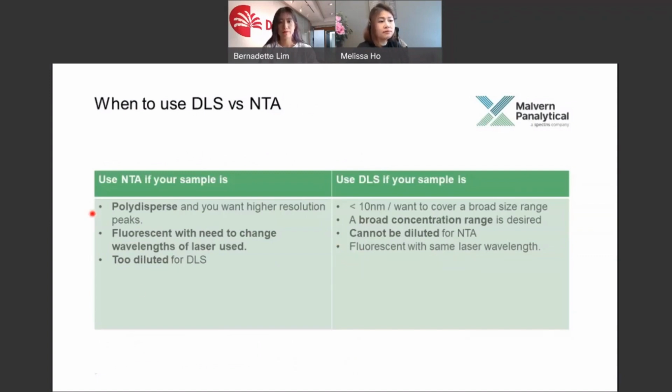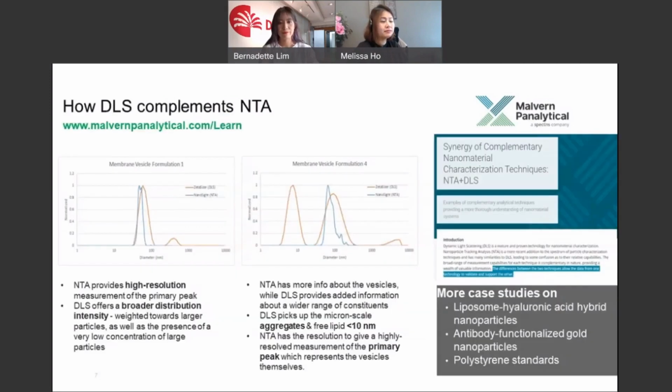But obviously, if it's polydispersed and you want to have a higher resolution of the peaks, then you would use NTA. So I shall not cover too much detail. Let our application specialist share more information with you. Go watch the webinar on demand. And I will get to it in a bit where you can find the webinar on demand. So let's have a look.